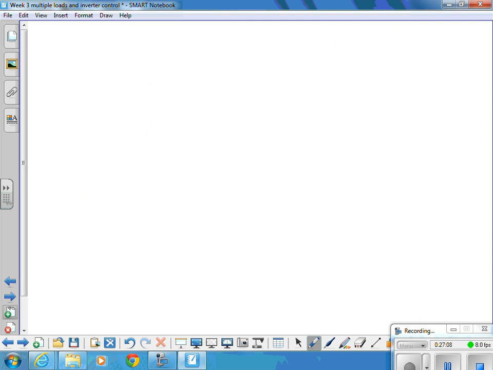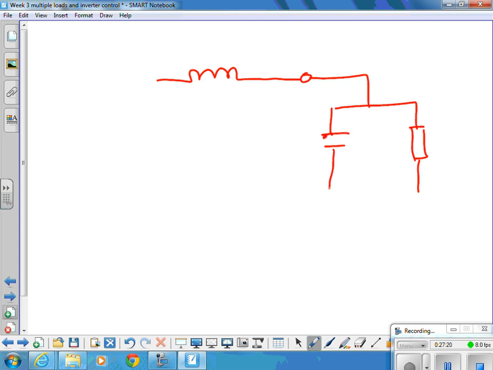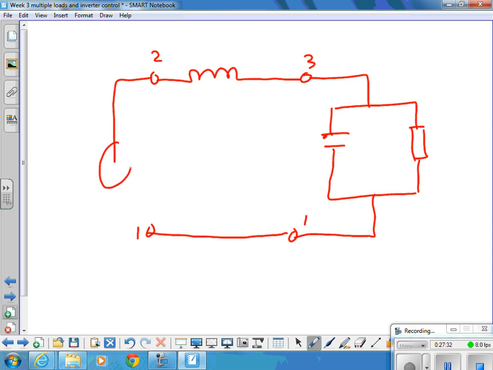So our original diagram now, we can bring back the inductor here. What ohms is this? Just remind me. 8 ohms.